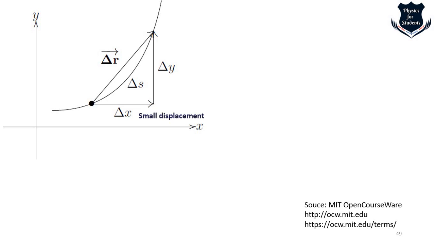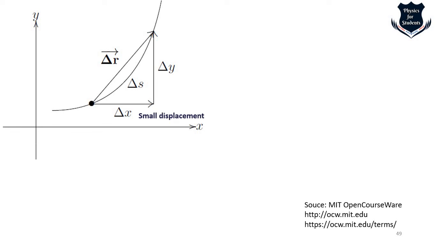Now I have taken this from MIT OpenCourseWare. This is very interesting and a very simple example. The figure on the left-hand side of your screen shows a curve and a small displacement delta r, which I've shown as a vector with an arrow. The length along the curve from the start to end is the displacement delta s.